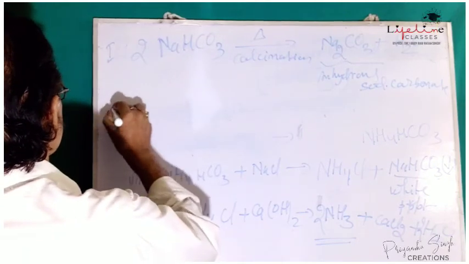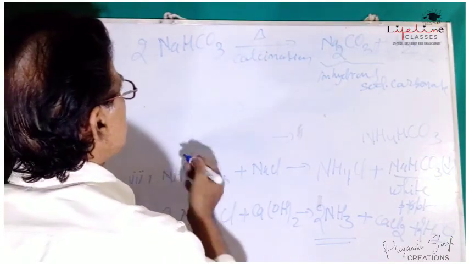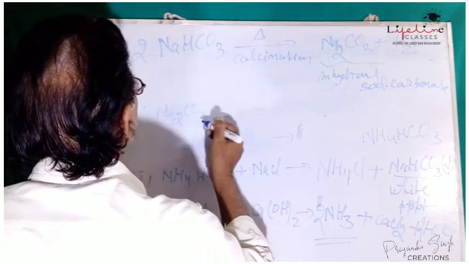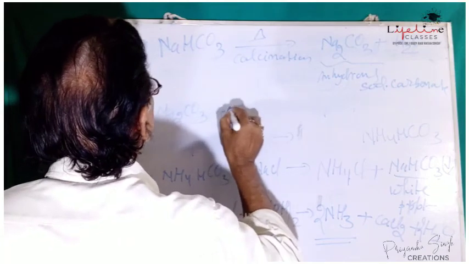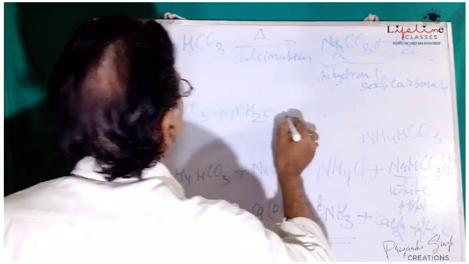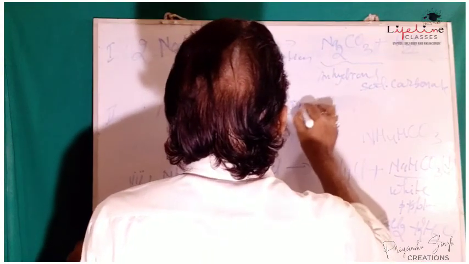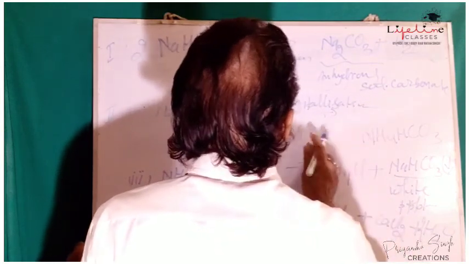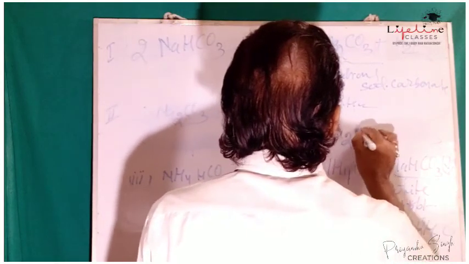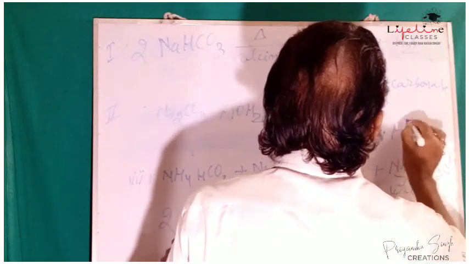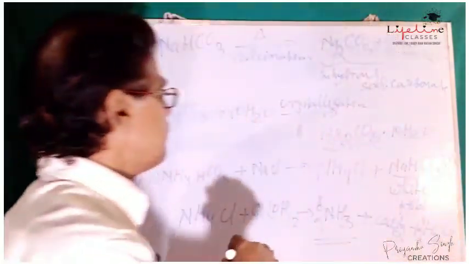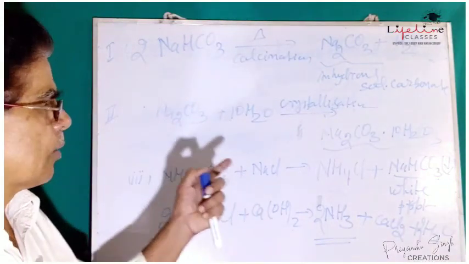The second step is crystallization: Na2CO3 plus 10H2O, on crystallization, gives Na2CO3·10H2O. These are the well defined crystals of sodium carbonate.